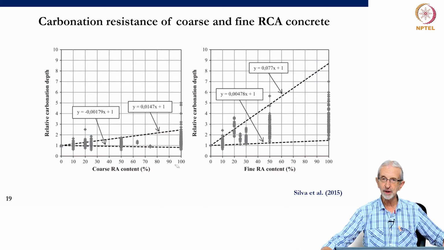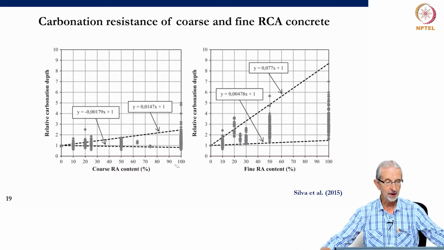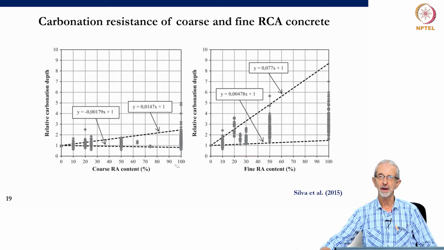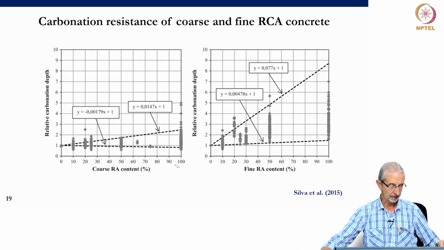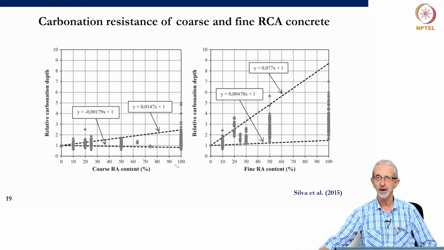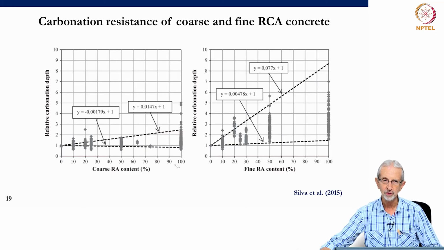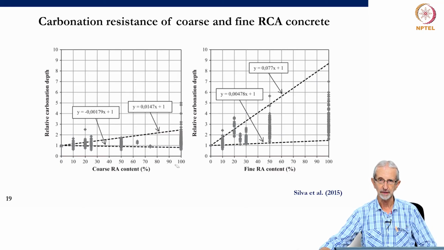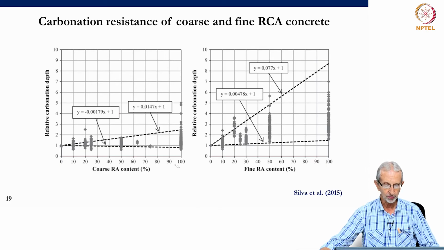And I guess that's to be expected, because the fine RCA does have these properties of higher porosity, more penetrable, and maybe in this case the carbon dioxide can penetrate more readily. But one must realize that in all these cases very much depends on the nature of the material that was used, and indeed how it was prepared, whether additional water was used to compensate for the higher absorption or not.